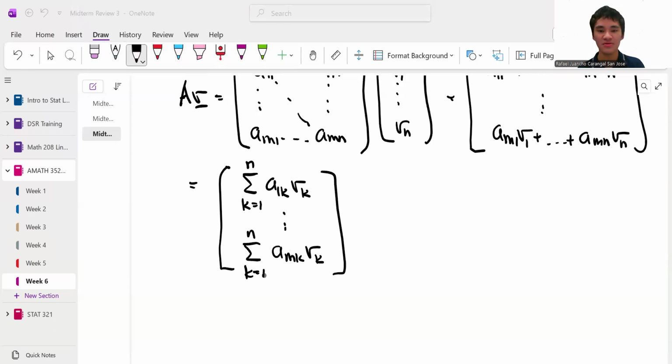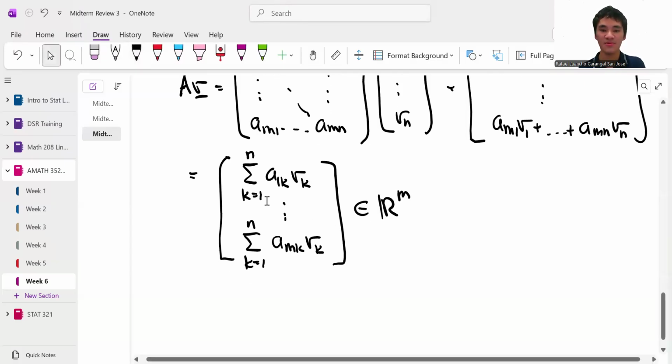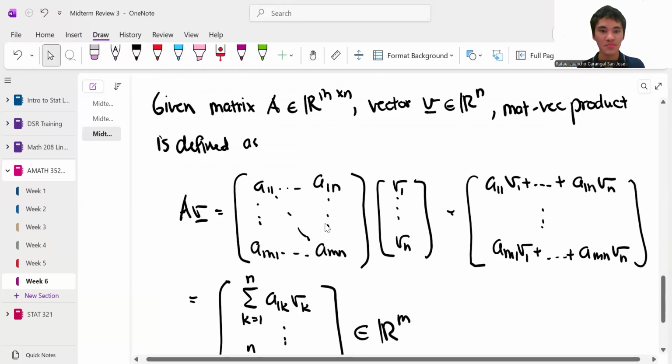So we just wrote it as a summation, and this in return is actually a vector in R^m, where it has m components, 1 to m, right?